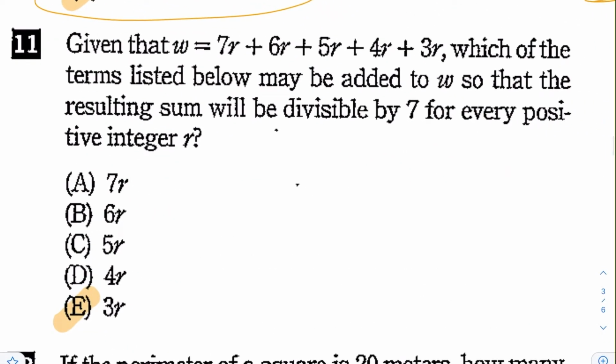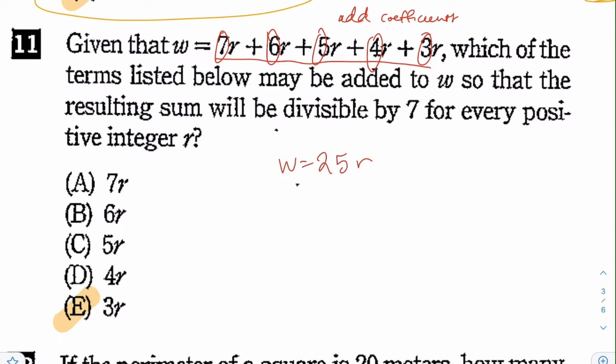Next, for number 11, given that W is equal to 7R plus 6R plus 5R plus 4R plus 3R, which of the terms listed below may be added to W so that the resulting sum will be divisible by 7 for every positive integer R. So if you add up the coefficients, which is the number in front of the variable, you get 25R rather.